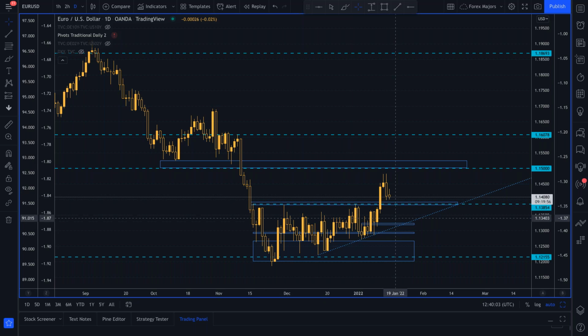Stops can be placed nice and out of the way just underneath 1.1300. If you were looking for a move back up to 1.1600, an obvious entry will be about 1.1394, with stops just the other side of 1.1300, just below that trend line. If you wanted to, you could have stops a little bit tighter, just underneath that 1.1350 region.